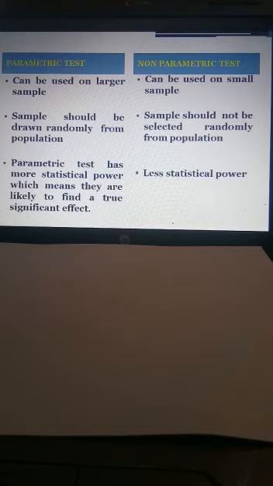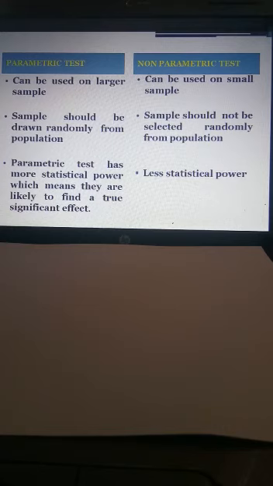Moreover, we can quote some examples of parametric tests like t-test, z-test, and ANOVA test. And Mann-Whitney test and chi-square test are various examples of the non-parametric test.